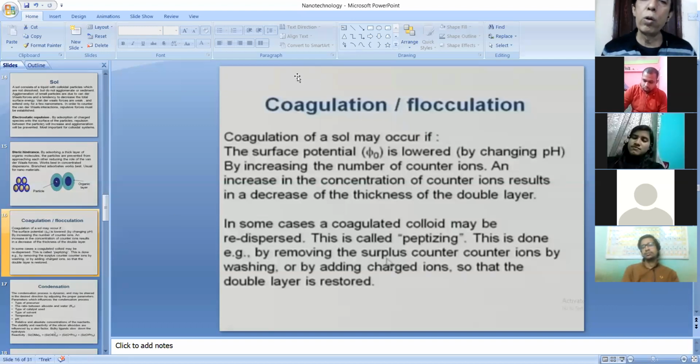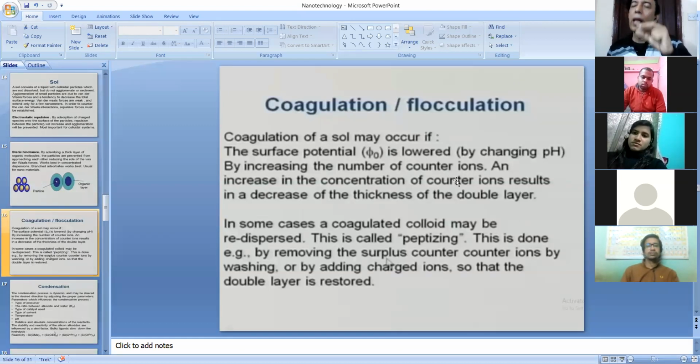Why does coagulation of salt occur? The surface potential is lowered by changing pH or by increasing the number of counter ions. The surface potential means the salt has a surface, I told you, and it absorbs a charged ion.